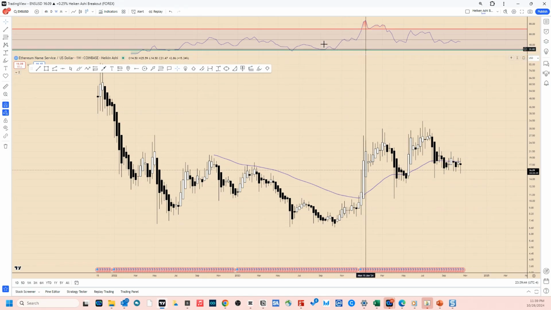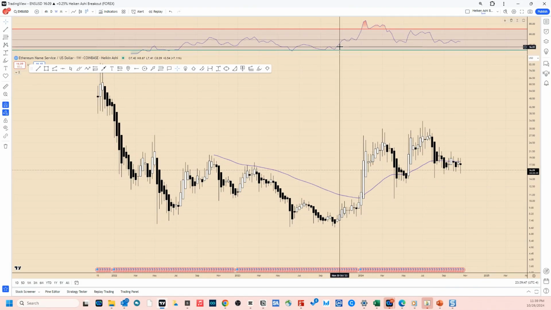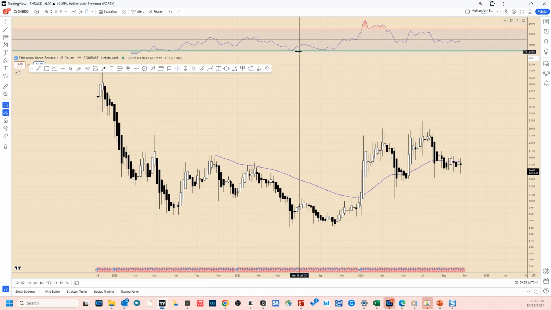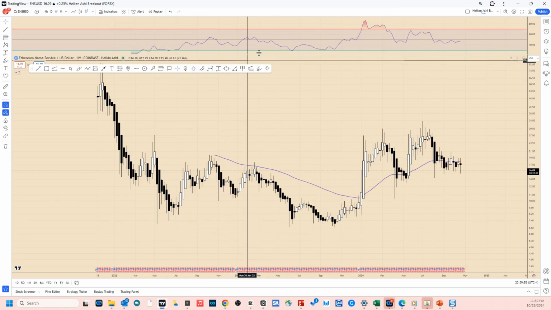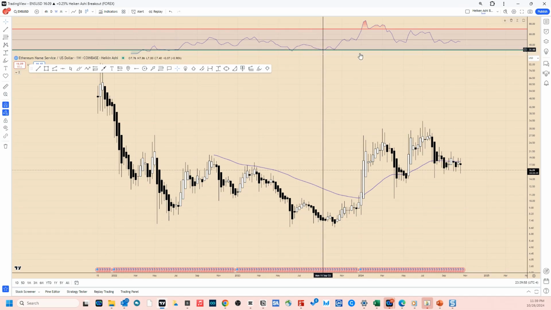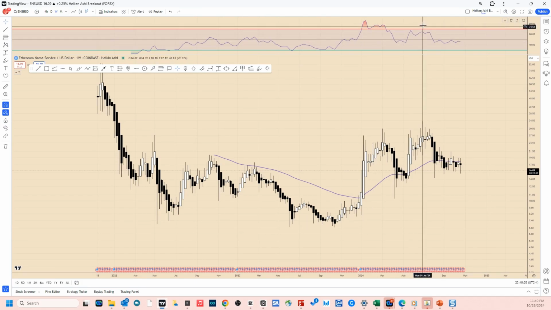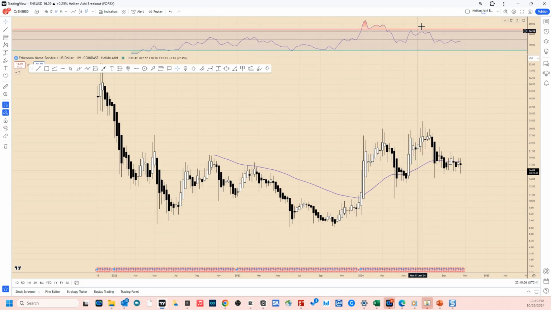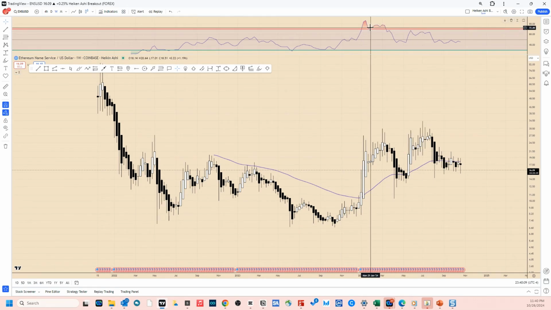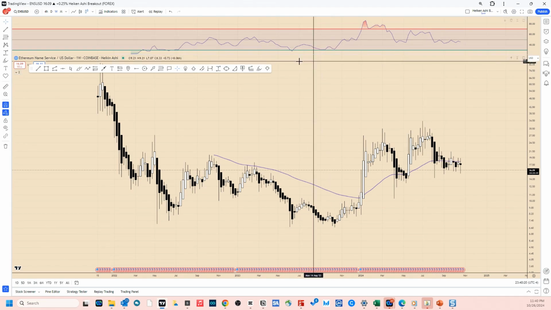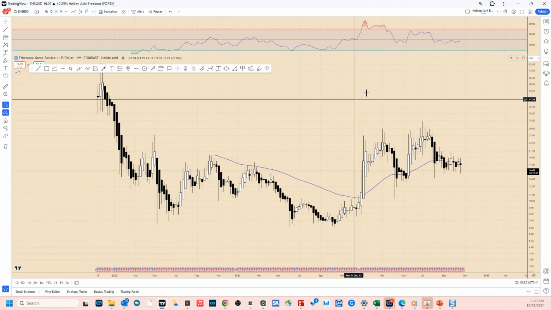So what I did was customize my RSI with a red line for the overbought, and then a green line for the oversold. And then you also have a middle line, or a 50 line, on the RSI as well. Anything above 70 for me, I'm looking at a potential overbought level here, and anything around 30 for me, I'm looking at an oversold level for RSI. Those are my conditions here for my RSI.